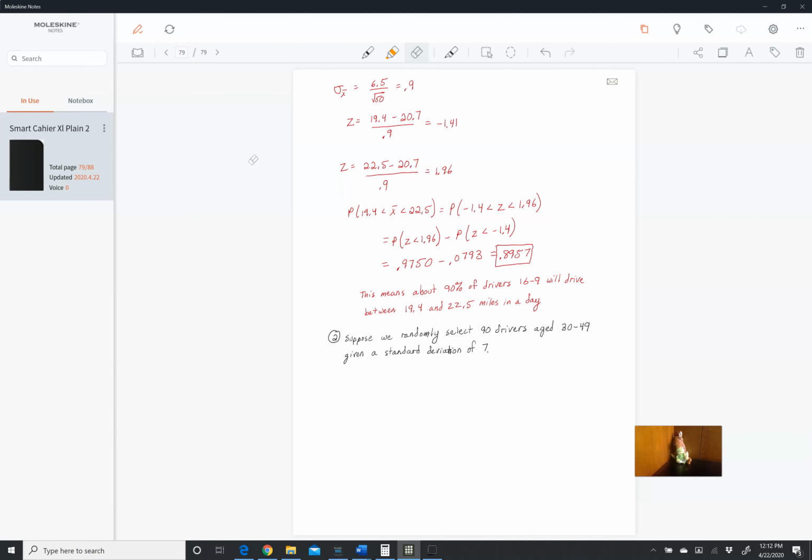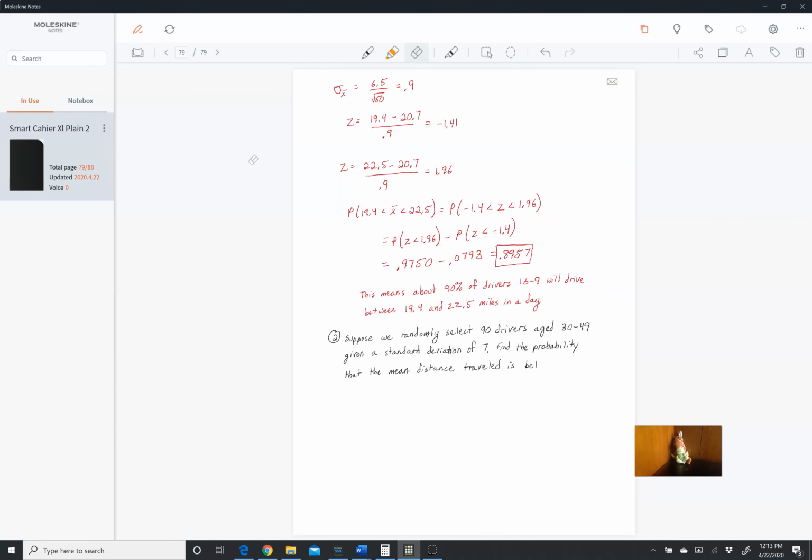Okay. We want to find the probability that the mean distance traveled is between 32.8 and 40.